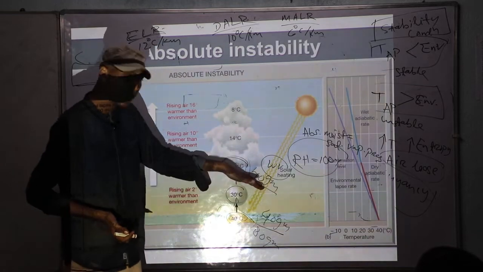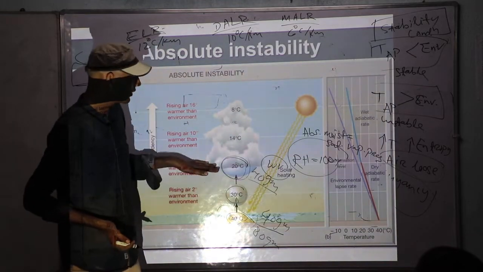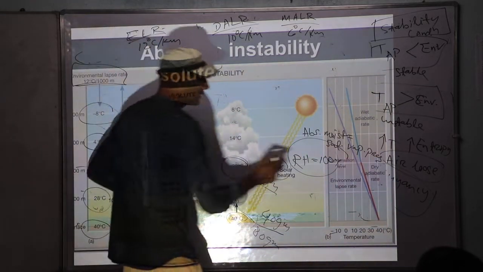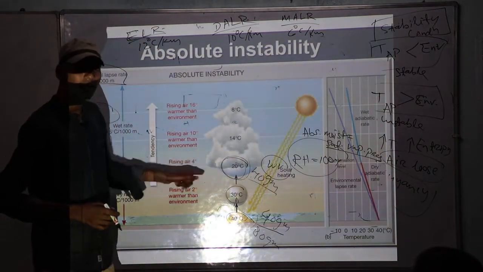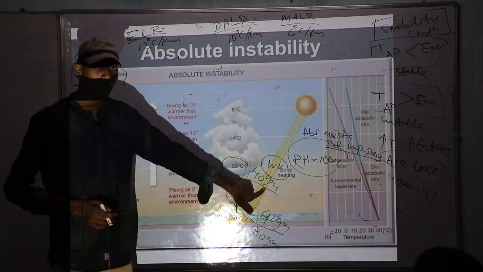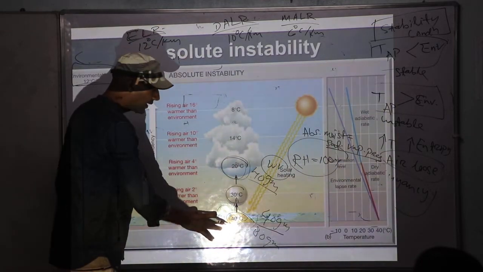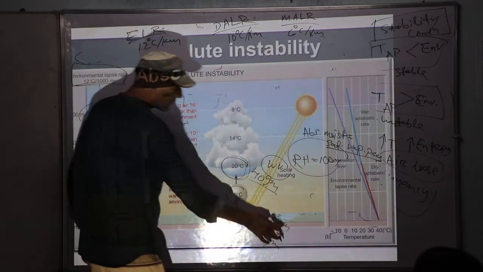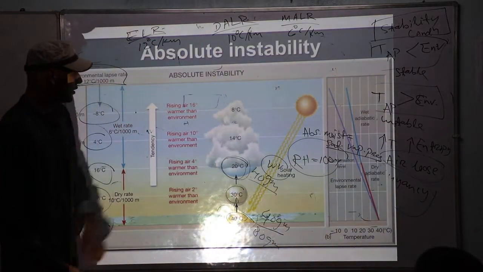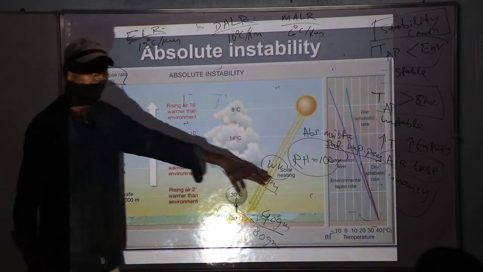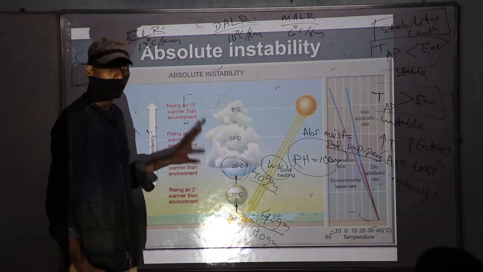So when temperature decreases, there is a decrease in saturation vapor pressure. At 20 degrees centigrade, it can get saturated with 40 gram water vapor, but at 40 degrees centigrade, it cannot get saturated at 40 gram, it requires 80 gram, it requires 40 gram more, right? So at 20 degrees centigrade, it will get saturated. That doesn't need 0 degrees centigrade temperature.